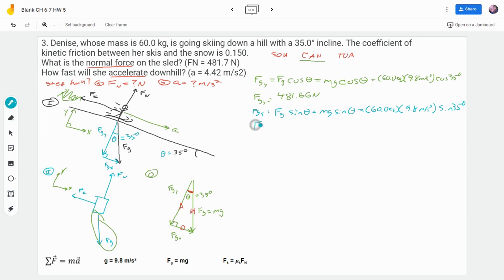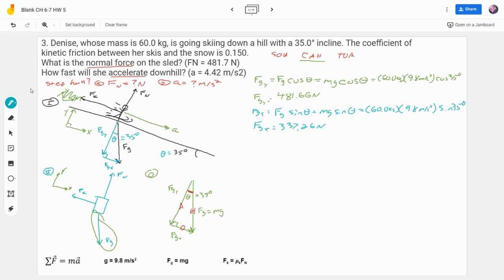Do that math: 60 times 9.8 times sine 35, and I've got 337.2629. So we'll go with 337.26 newtons.